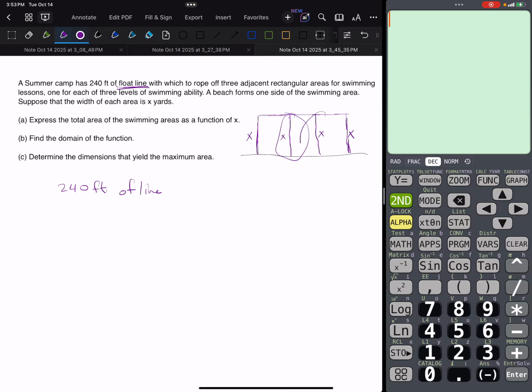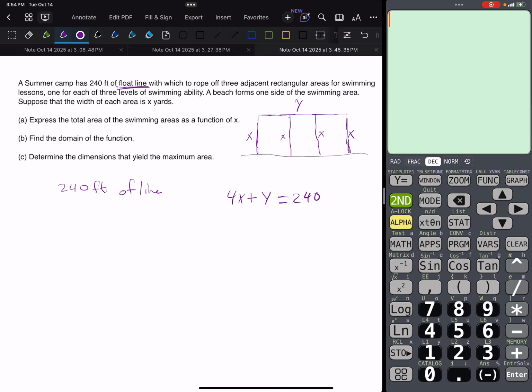Then I have x, x, and x. So that looks a lot like 4x, right? And so that 240 feet of line is going to sum together to be 4x plus some unknown length, right? Why don't we just call that y? I don't know what it is, but let's just call it y. We could call it L, whatever we want to. All right, so I've got 4x plus y equals that 240 feet.